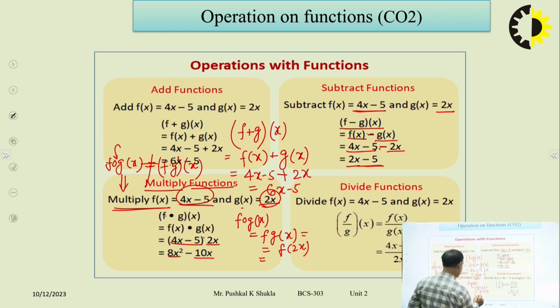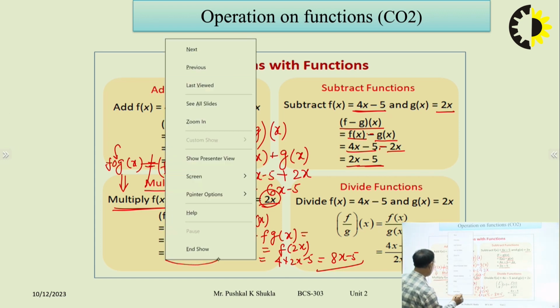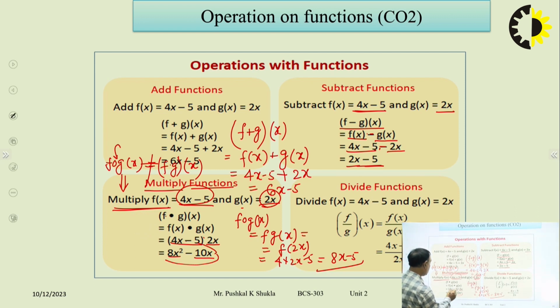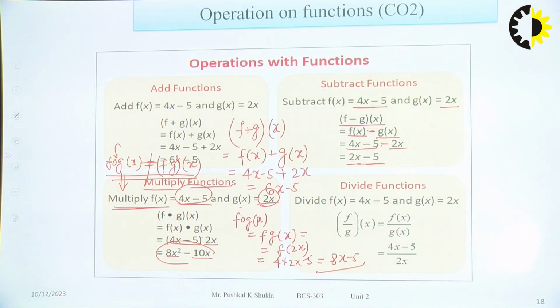This gives 4 into 2x minus 5, that is 8x minus 5, and this is f dot g. So this is not equal, we can say this is not the same operation.